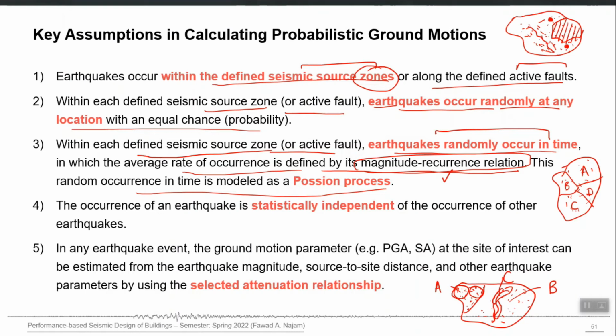This is a Poissonian process, and this is one assumption which we make in PSHA, which means that we do not consider dependent earthquake events in PSHA forecast or prediction. Dependent event means that if I have a main shock today, I know that there will be a dependent event, which is an aftershock, tomorrow or any other day after that earthquake.